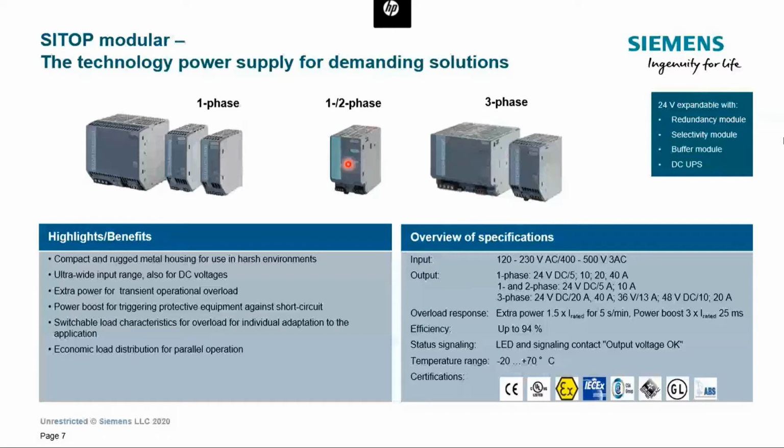The nice thing in the SITOP Modular is that it has a compact rugged metal enclosure, and it again has the ultra wide range feature by automatic detection from the line supply.